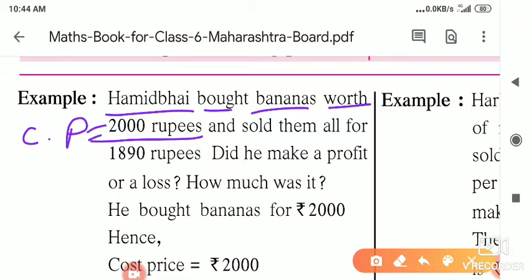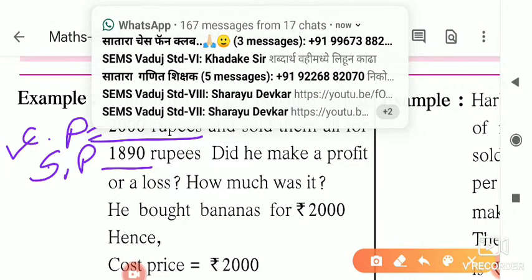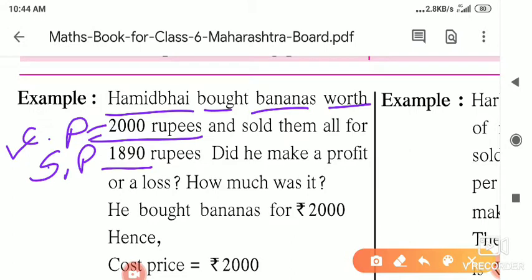And he sold them, that means SP, for 1890 rupees. If you compare the CP and SP, you will notice that CP is greater than SP, and that's why in this transaction Hamid Bhai gets a loss. That we understood.